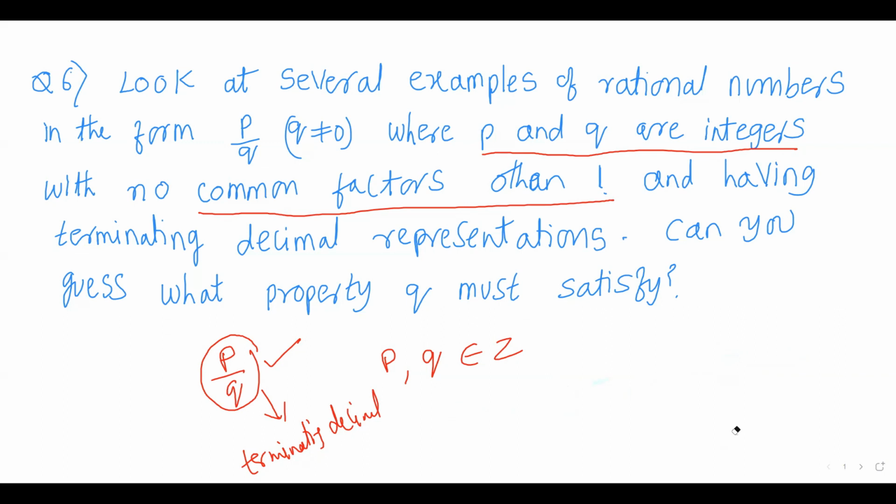So here you have to take p by q examples, rational numbers examples. For example, first of all, know what coprimes are.